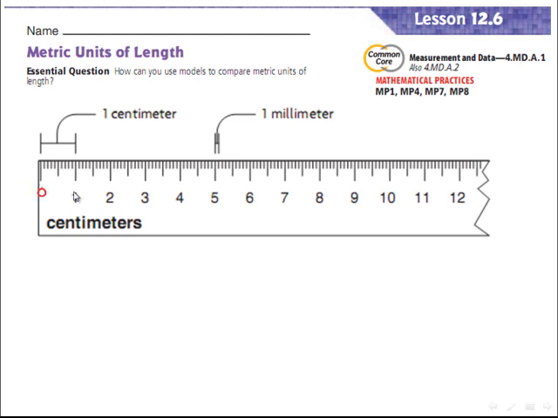From 0 to 1, this is called 1 centimeter. After that, 2 centimeters, 3 centimeters. Between, for example, 5 and 6, there are millimeters. There are 10 millimeters. Right?